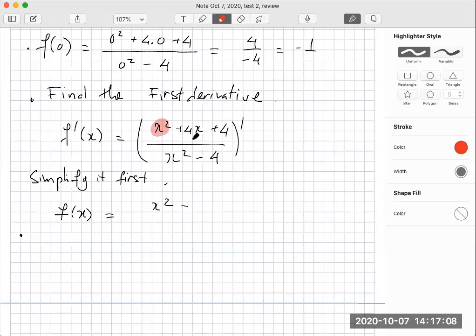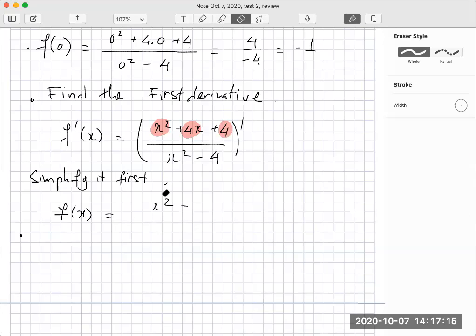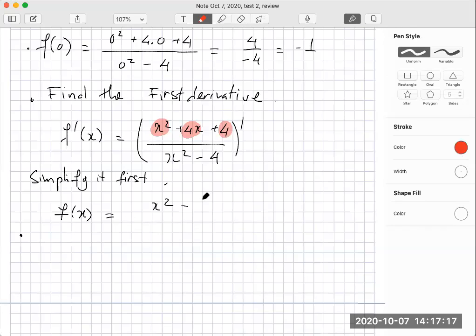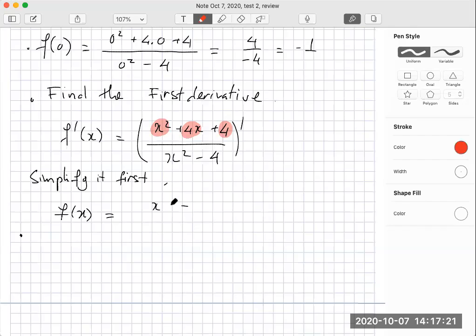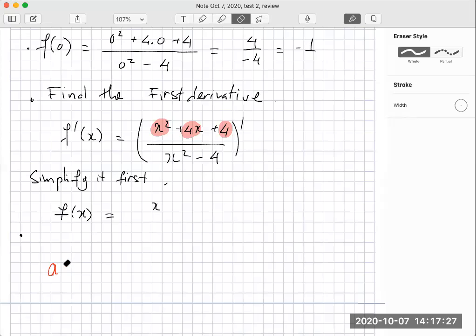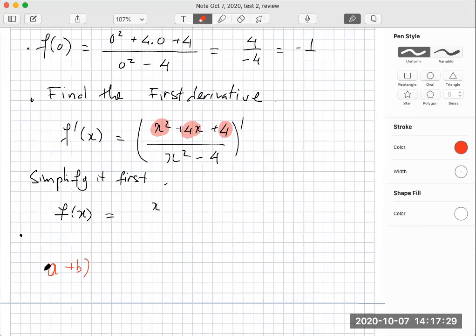This is something squared, and 2 times something, and something squared. In general, let me write down the formula. Perfect square formula, right?